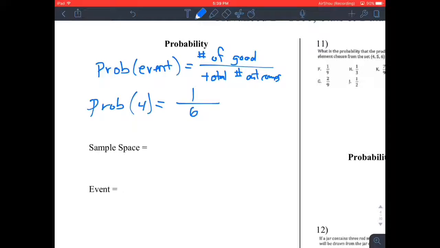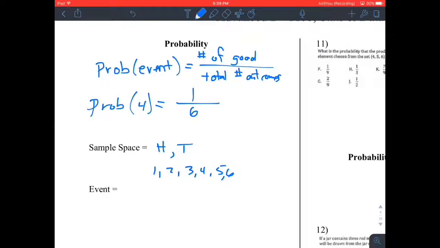Sample space and event have to do with probability. Sample space means all the possible outcomes that could come from whatever you're doing. So if you're flipping a coin, sample space would be a head and a tail. It's the only two things that can happen. If you are rolling a die, one die, a sample space would be like a 1, 2, 3, 4, 5, and a 6.